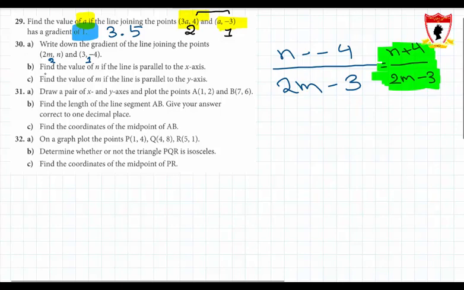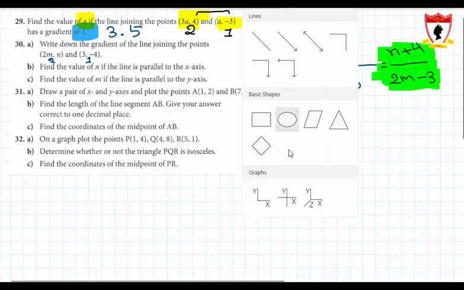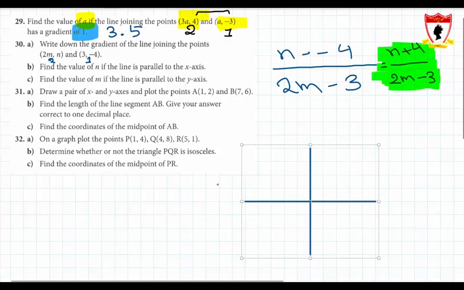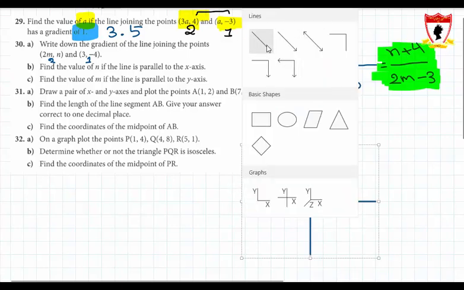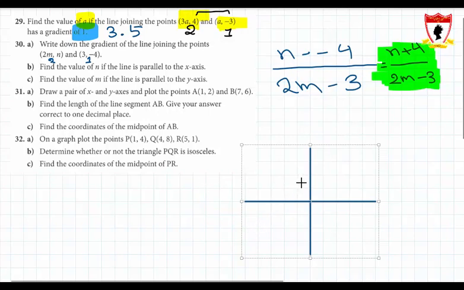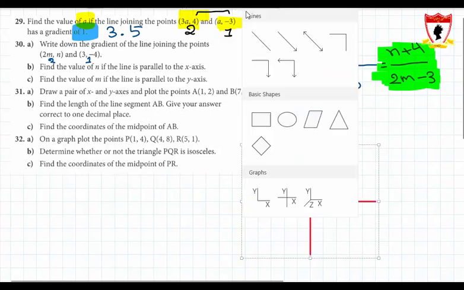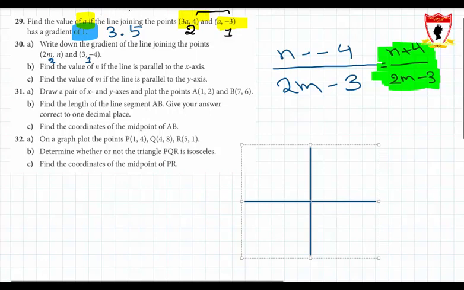Then part B, find the value of n if the line is parallel to the x-axis. If we have an xy axis, a simple one here, what is the property of any line which is parallel to the x-axis?